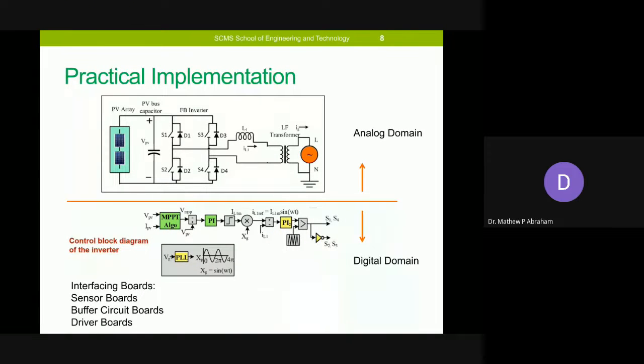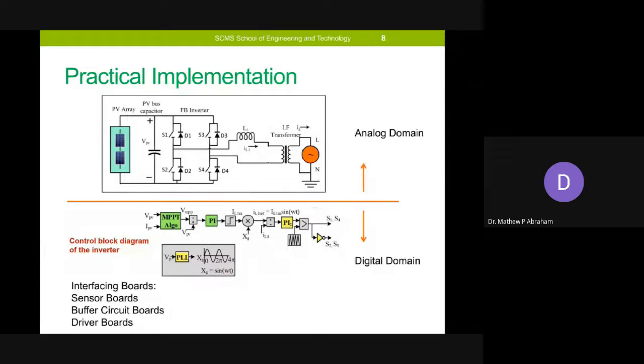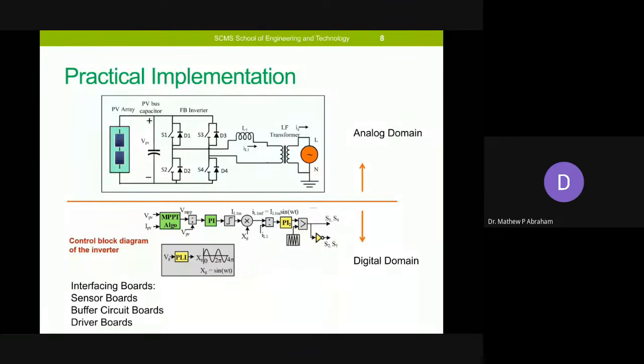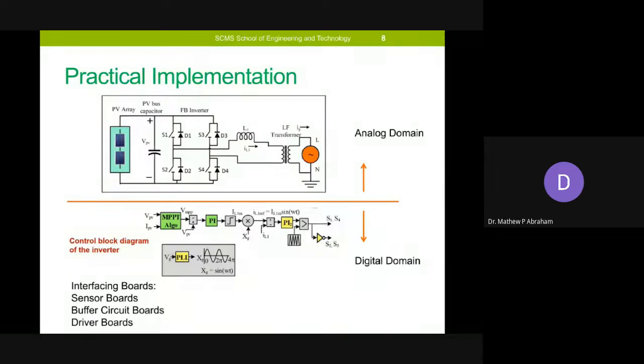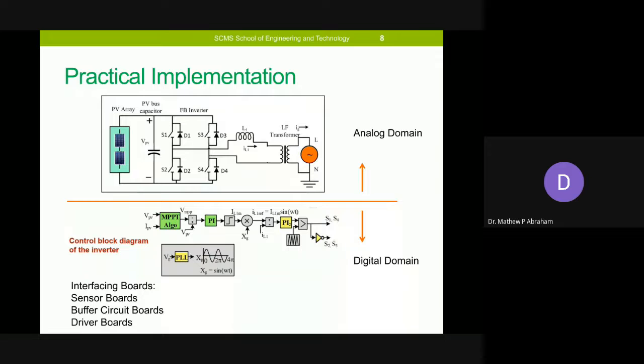So in implementation, we can divide the entire circuitry into two parts. We call this the power circuit. The power circuit is the actual physical circuit, and it works in the analog domain. And all the control part can be called the digital domain.